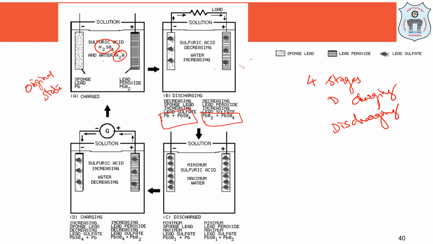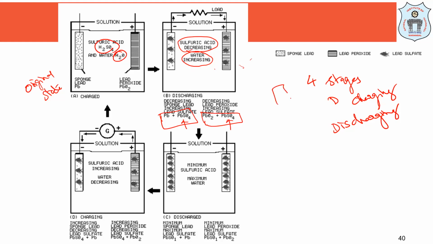And what happens to the electrolyte? There is an increase in the water content. Why? Because sulfuric acid is decreasing. Why is sulfuric acid decreasing? Because there is lead sulfate formation and deposition at the anode and the cathode. You can see that, right? So the sulfuric acid content in the liquid is decreasing.